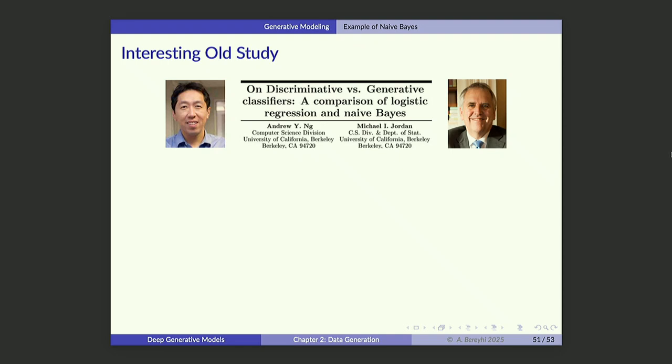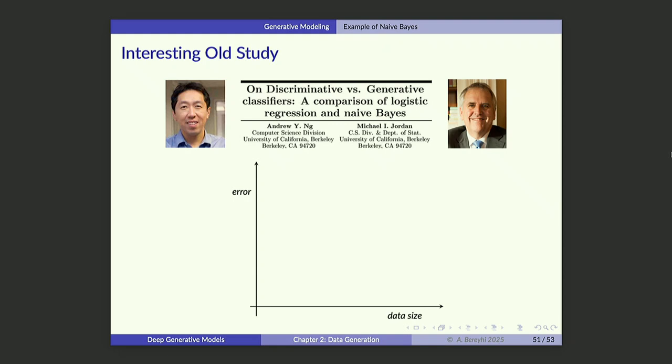Is generative always better than discriminative, or always the other way around? They did lots of analysis, but the whole story can be shown in a single figure. They were looking at the error of the trained model in terms of the data size, the number of samples.